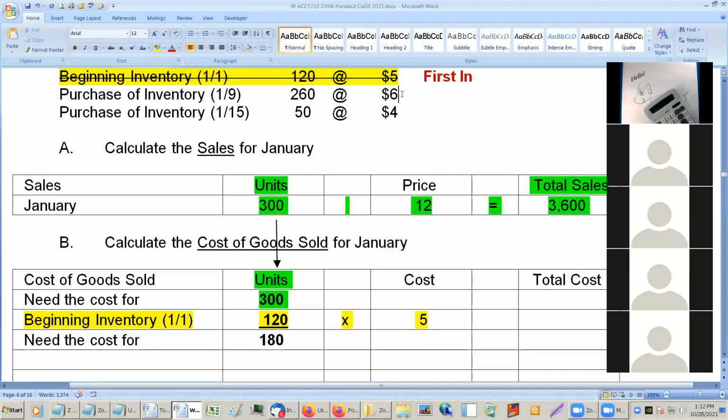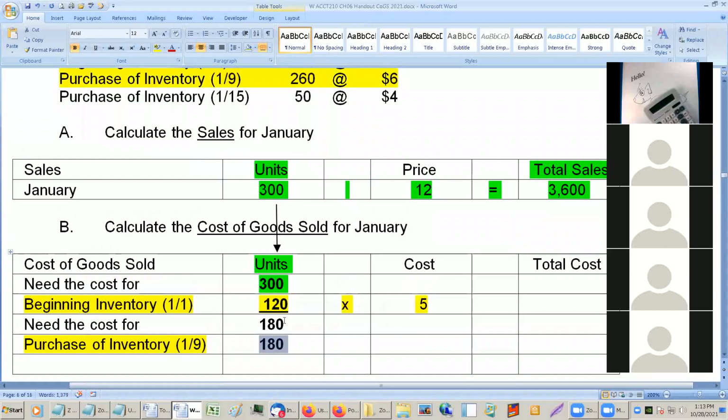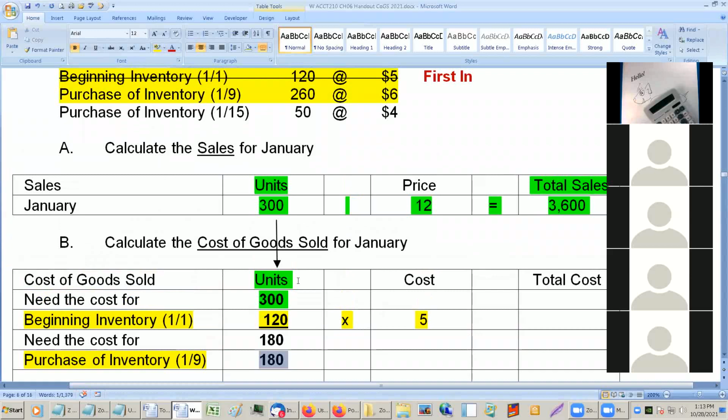So we go to the next first in, which would be this. Now you don't need all 260. We only need 180. So from this layer, 180 at 6.